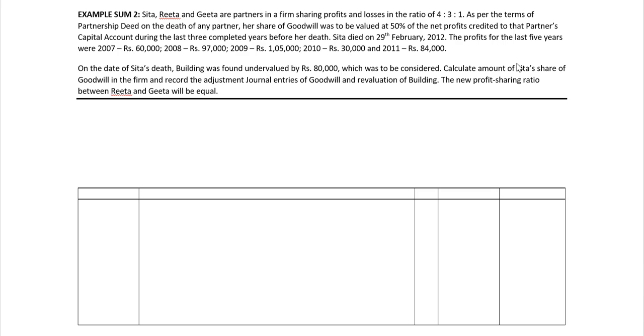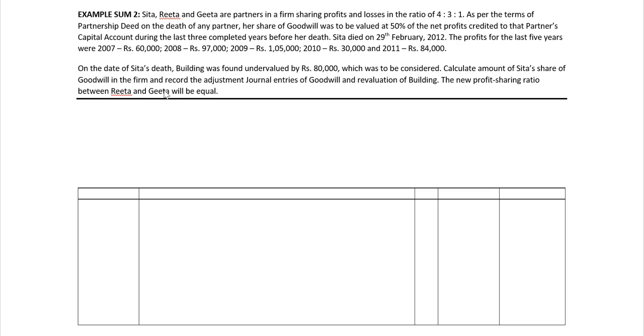The profits for the last 5 years were 2007 rupees 60,000, 2008 rupees 97,000, 2009 rupees 1,05,000, 2010 rupees 30,000, and 2011 rupees 84,000.